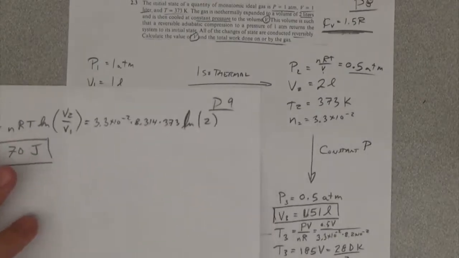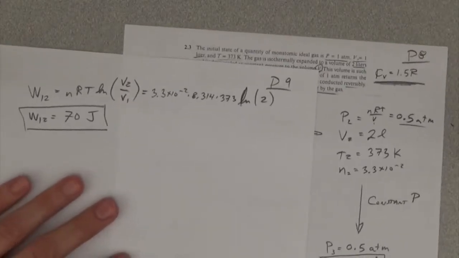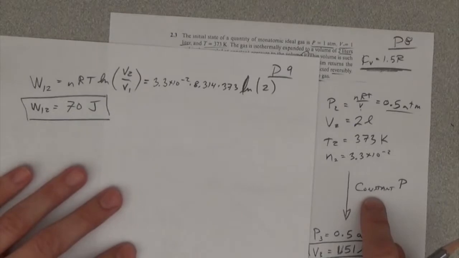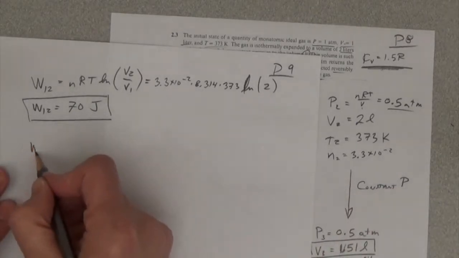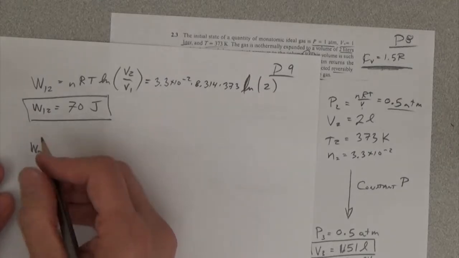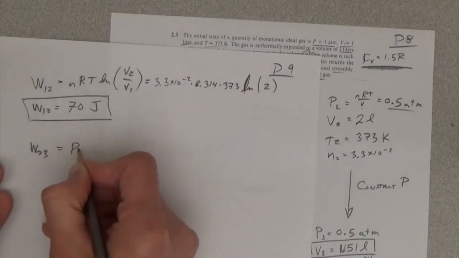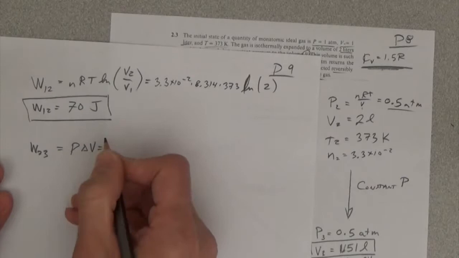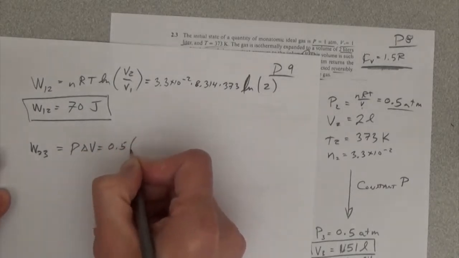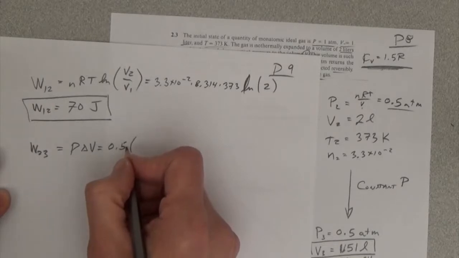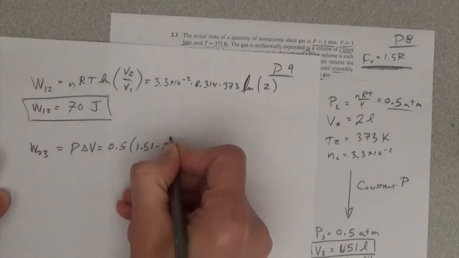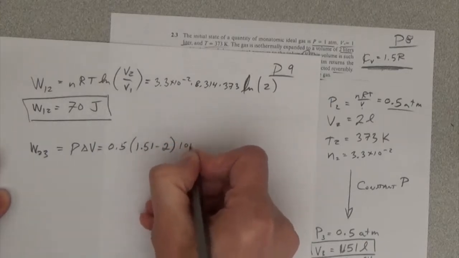And the second transition is constant pressure. So W23 is equal to P delta V is equal to 0.5 times 1.51 minus 2 times 101.